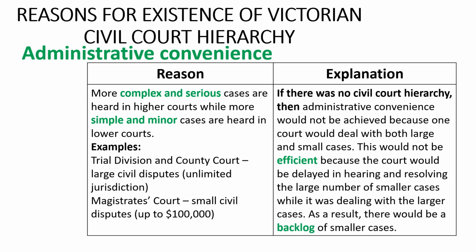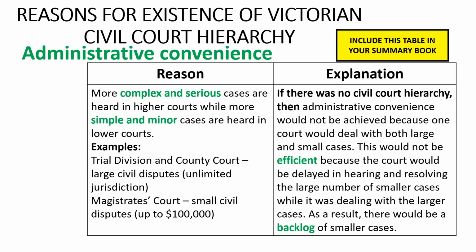The table on this slide and the next slide describes and explains administrative convenience and appeals as reasons for having a Victorian civil court hierarchy. Please copy this table into your summary books and supplement it with any additional information that you think will help you remember and explain the reasons for a Victorian civil court hierarchy.